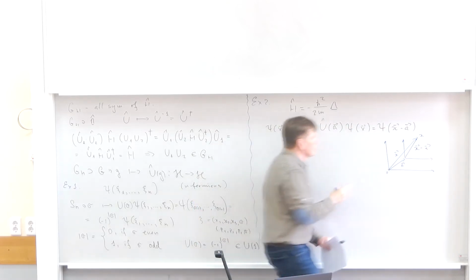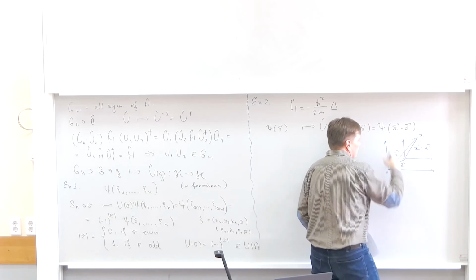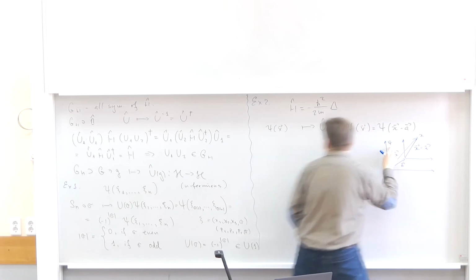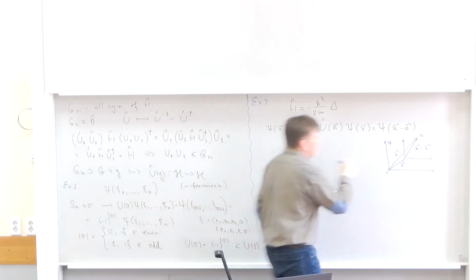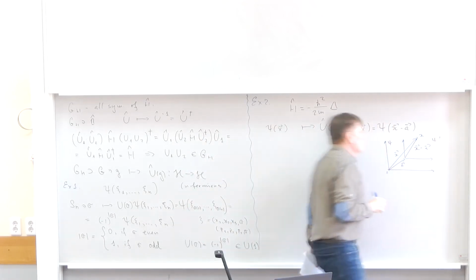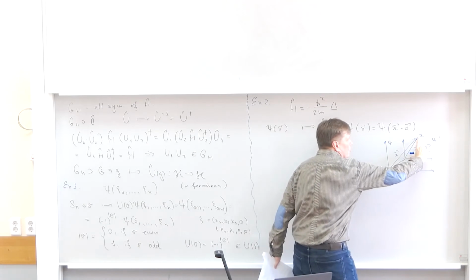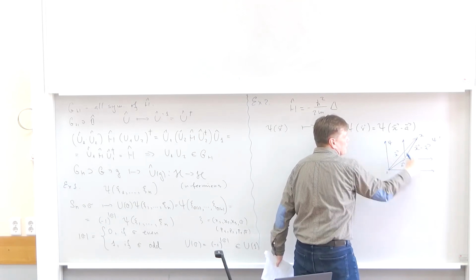So in this frame we have the state described by the wave function psi prime, depending on the new radius vector x minus a.